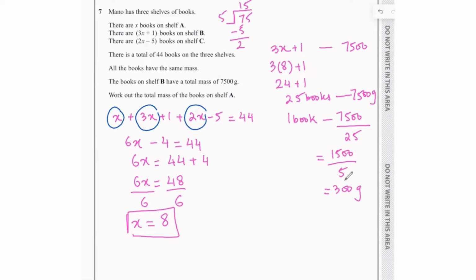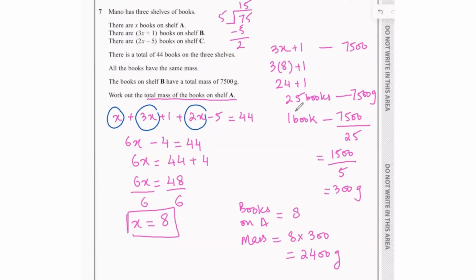So 1,500 divided by 5 is going to be 300. It says work out the total mass of the books on shelf A. So books on shelf A are going to be 8. So the mass for books on shelf A is going to be 8 times 300, which is 2,400 grams.